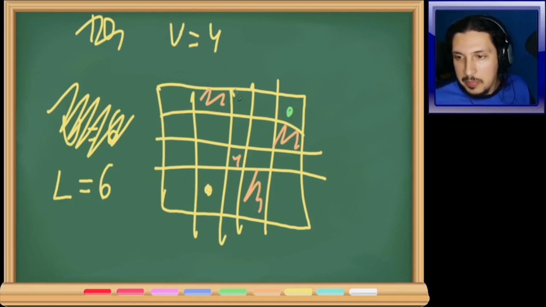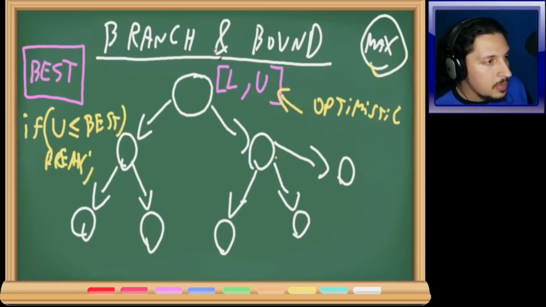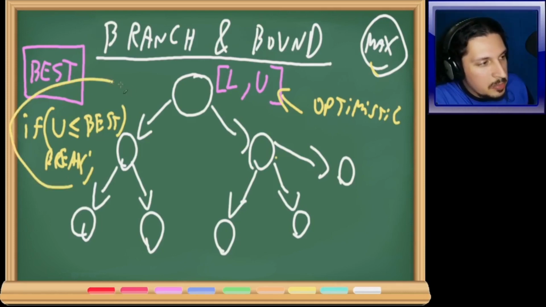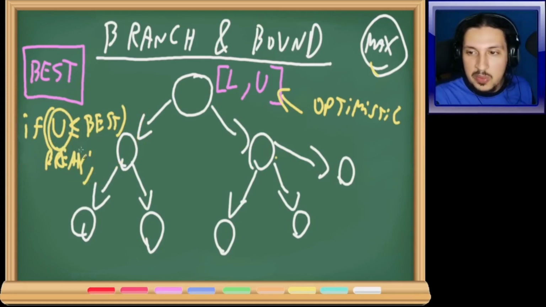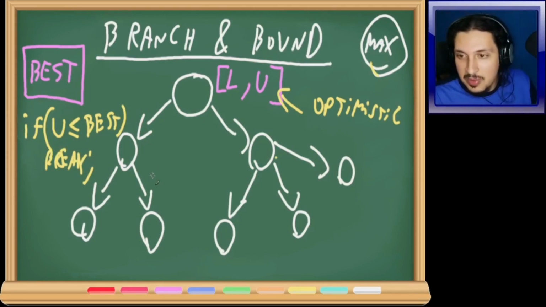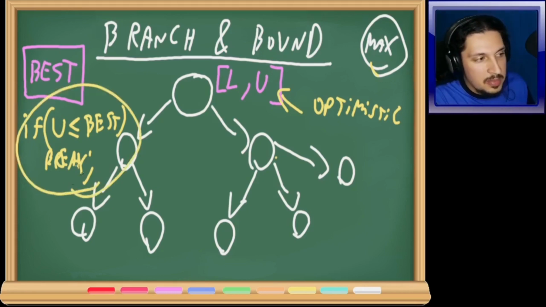It's the same idea. But anyway, this is the check for a maximizing problem. The idea is always the same: if even being optimistic from this node, with any further steps, I will never beat the best that I've seen, cut. That is the critical idea.